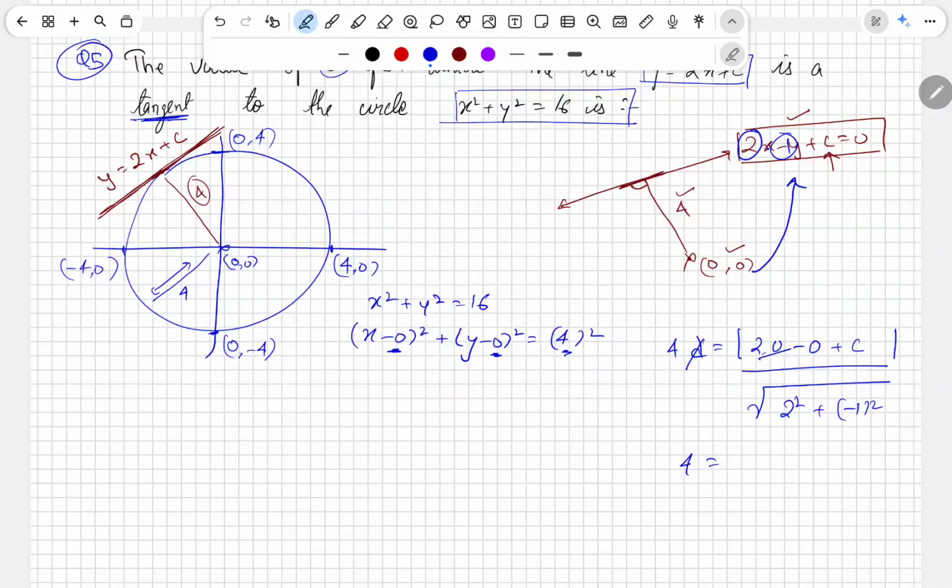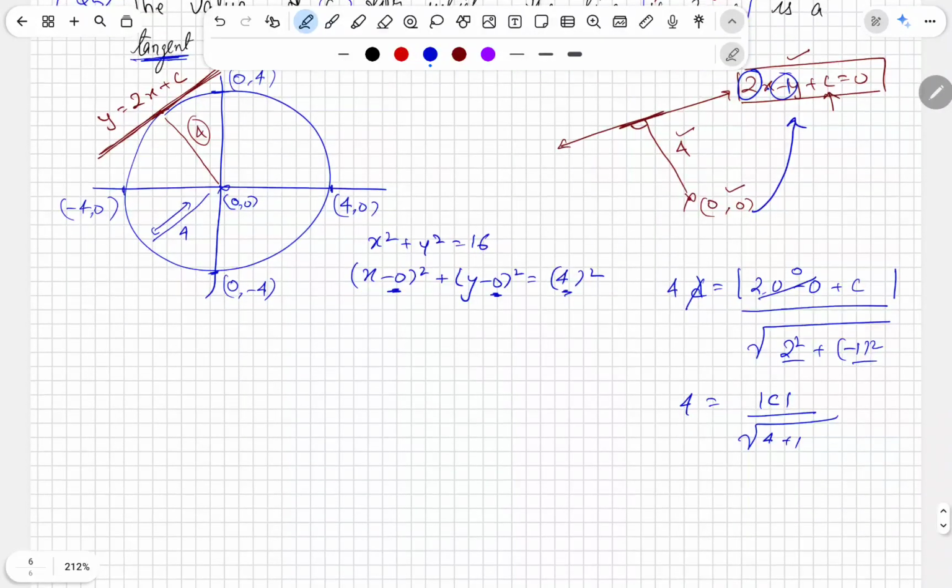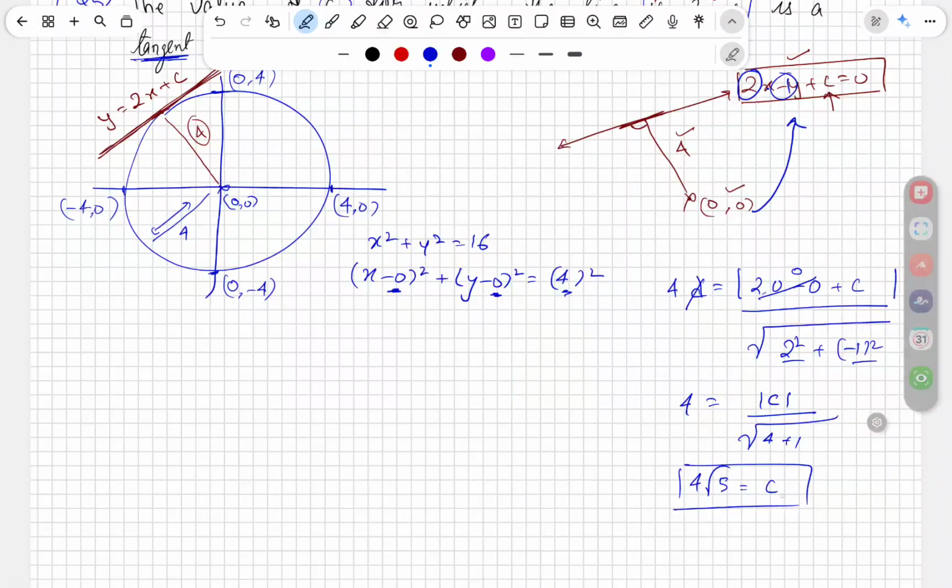So it will be 4 equals mod c divided by under root of 2 square is 4, minus 1 square is 1. So I'll get 4 root 5 is equal to mod c. Okay guys, so now we have calculated the value which is 4 root 5, and depending upon the options you can tick mark the correct answer.